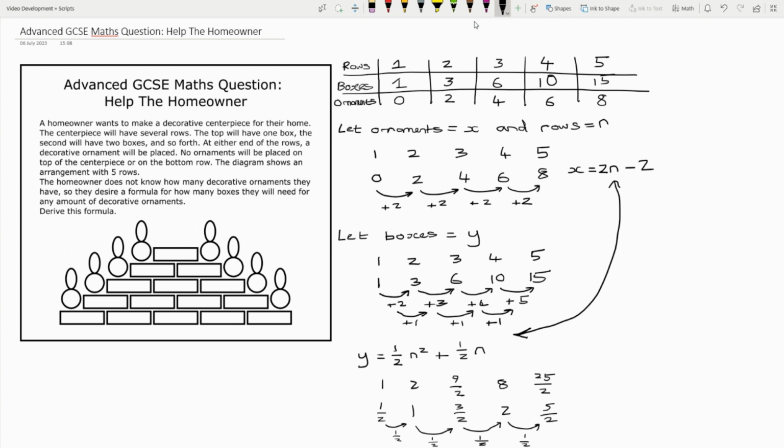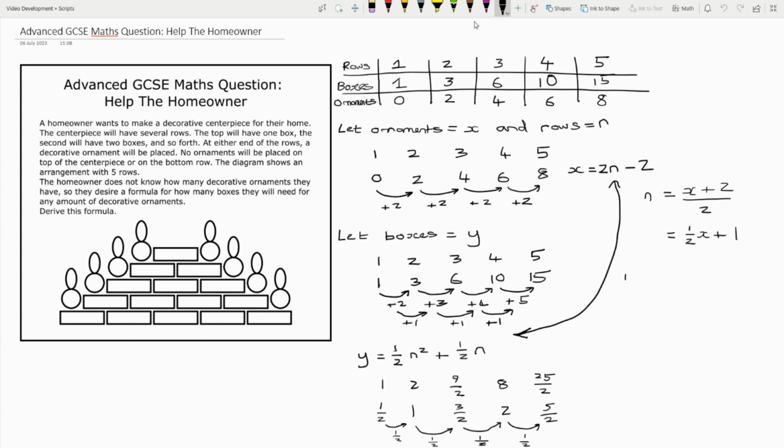So the way we can do this is we rearrange our x formula. So n is equal to x plus 2 divided by 2, which is the same as a half of x plus 1. And then we need to enter this into our second equation.